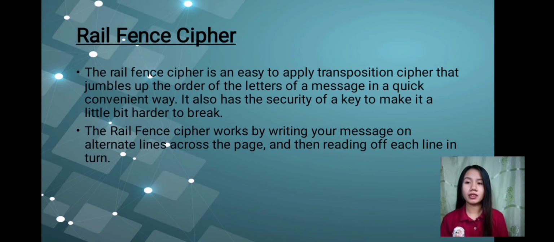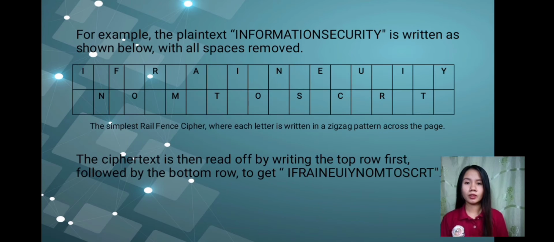The Rail Fence cipher works by writing your message on alternate lines across the page, and then reading off each line in turn. For example, the plaintext information security is written as shown below, with all spaces removed.